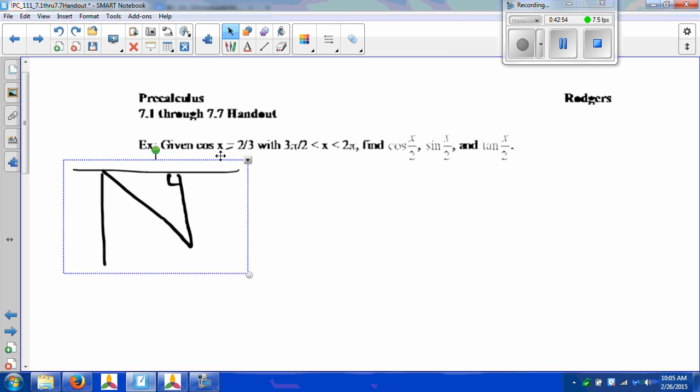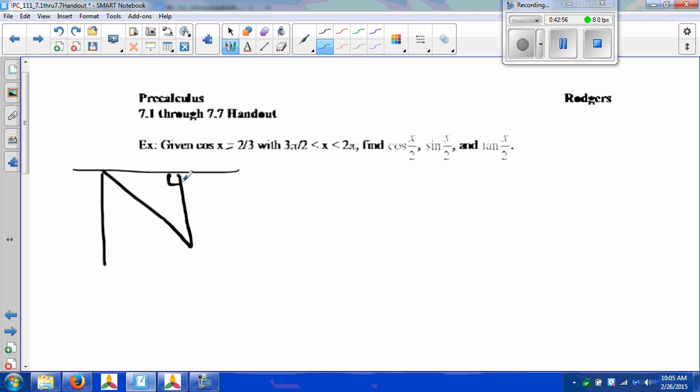The adjacent is 2, the hypotenuse is 3. Then I'm going to use 9 equals 4 plus b squared. So 5 equals b squared, so that's negative root 5.